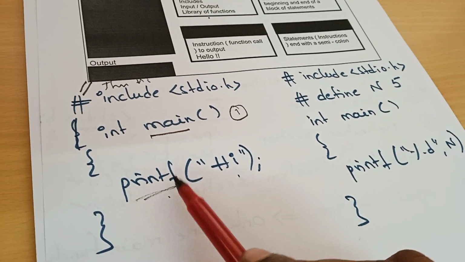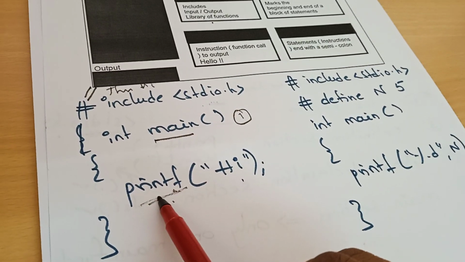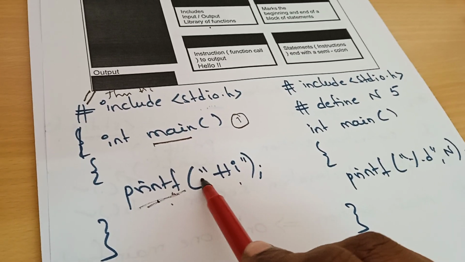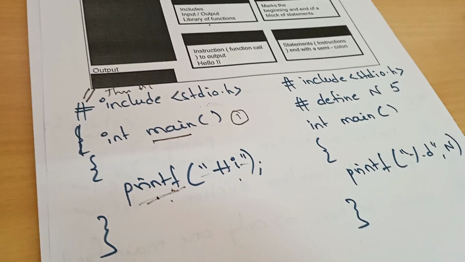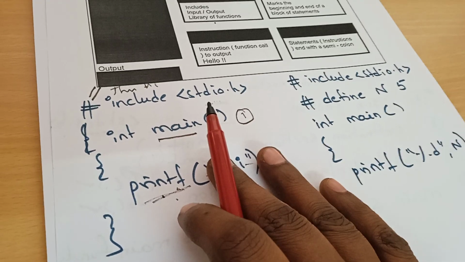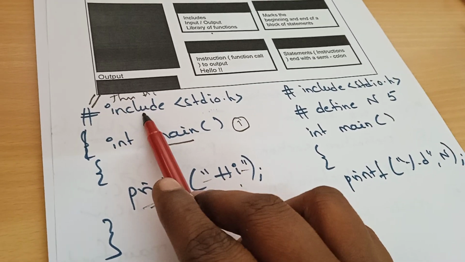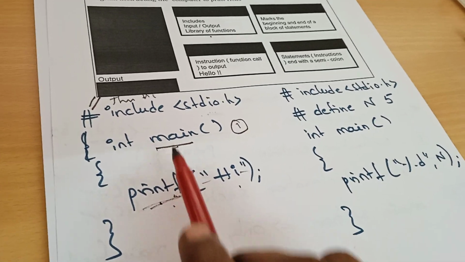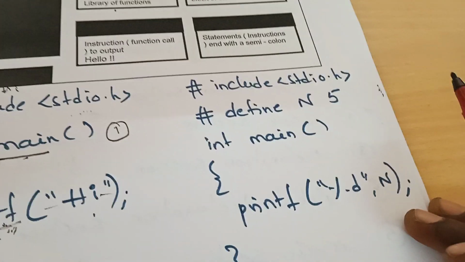This is a function available in stdio.h, and I am just using it. This is the syntax I have to follow to use the printf statement. So this is a sample message. Out of it, you can understand you can use the link section, the main function and an executable statement.